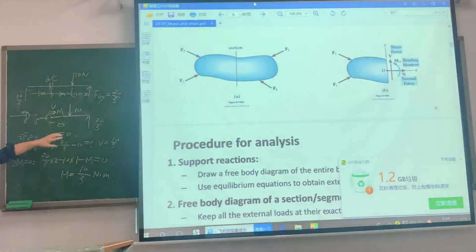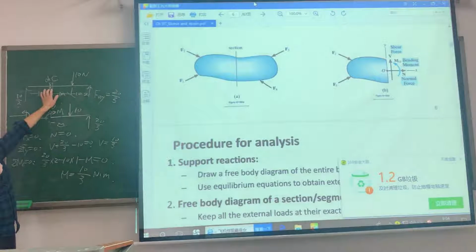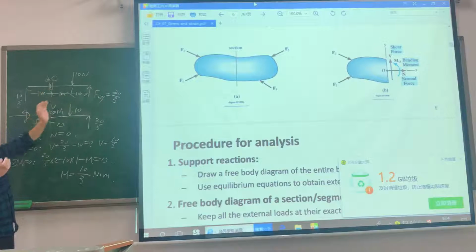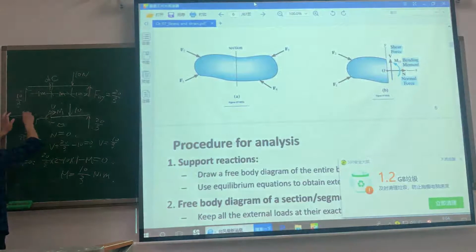Yes or no? So this small section will bend like this. From this part, it also bends like this.